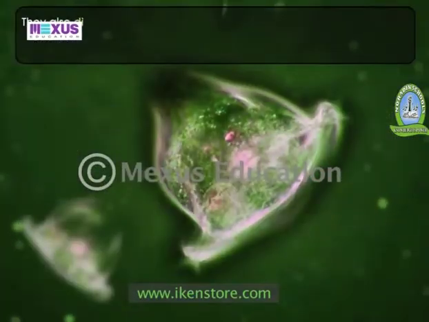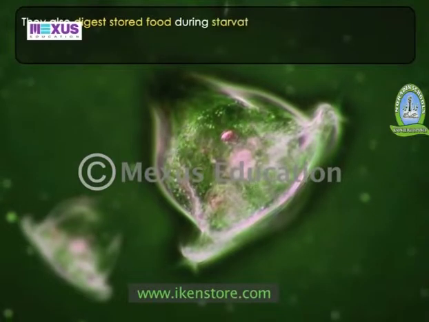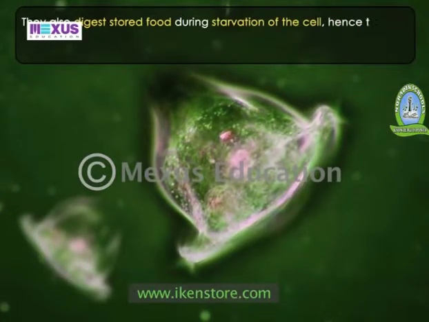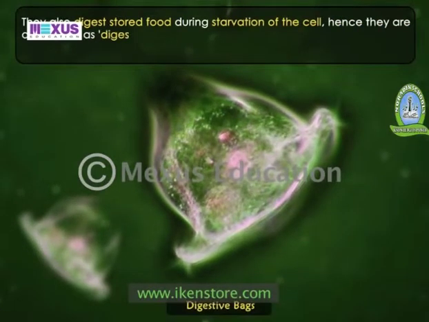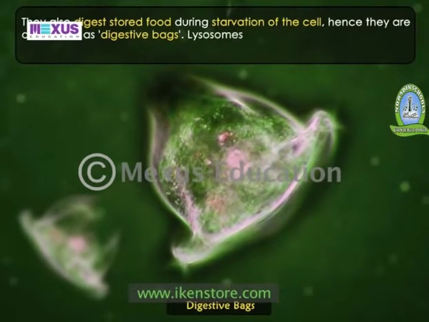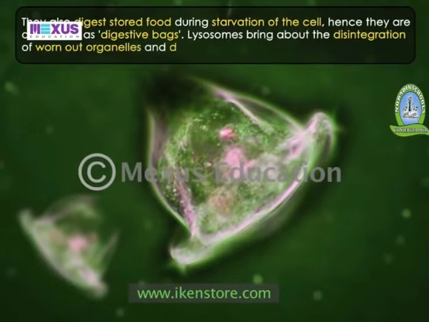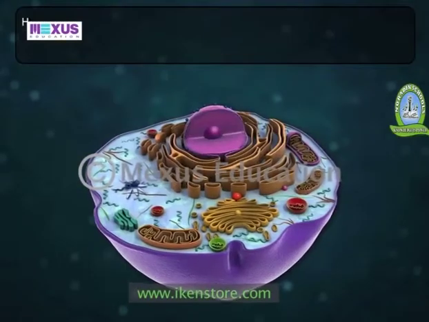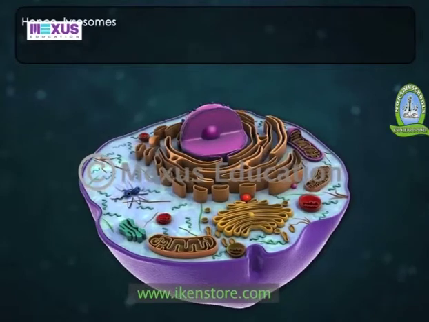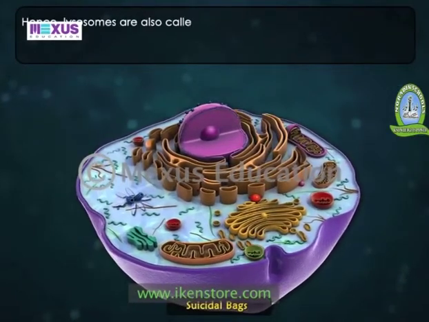They also digest stored food during starvation of the cell. Hence, they are also called digestive bags. Lysosomes bring about the disintegration of worn-out organelles and damaged cells. Hence, lysosomes are also called suicidal bags.